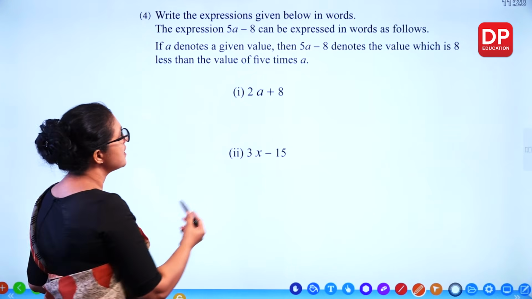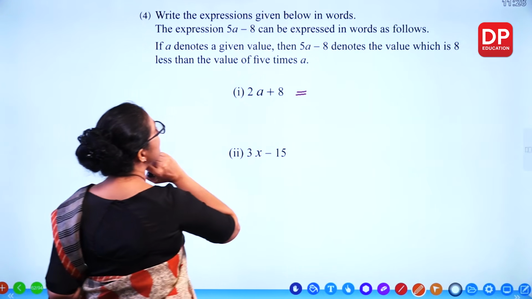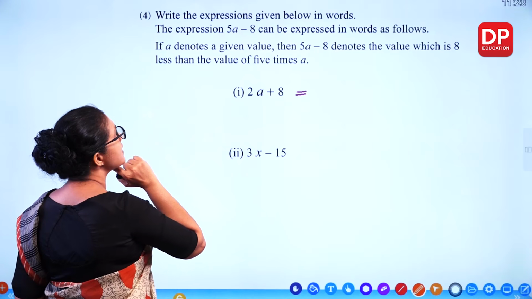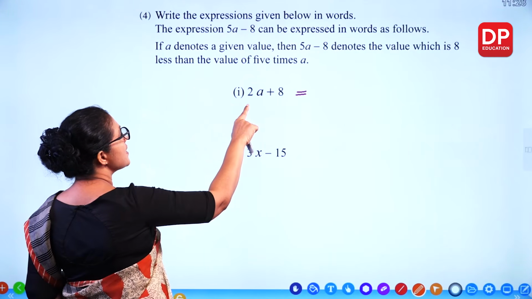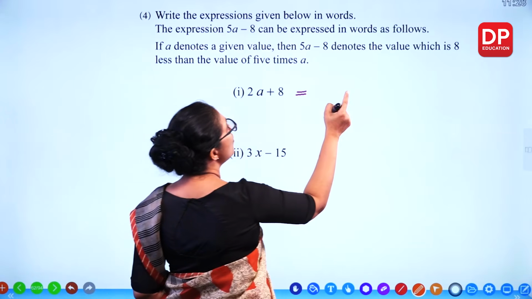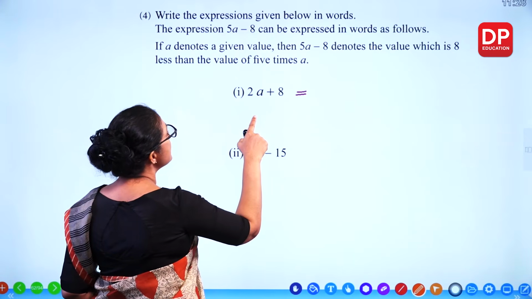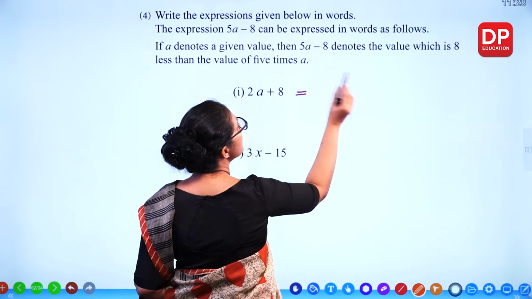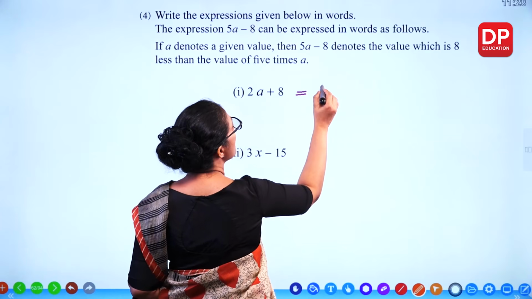What can we write here? 2a plus 8. So we can say the value which is 8 more than. So we'll write according to this one.